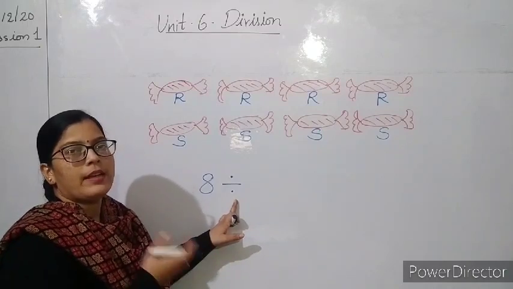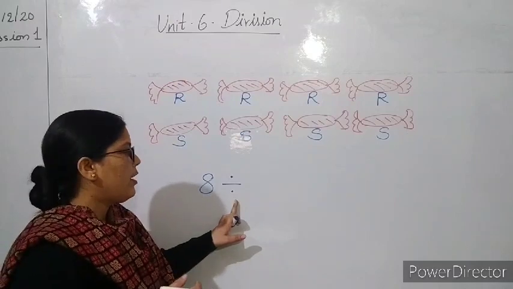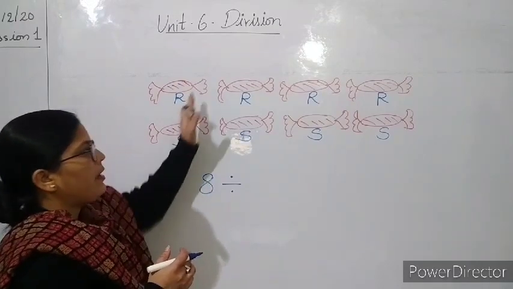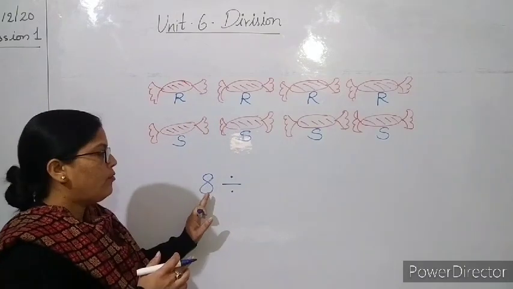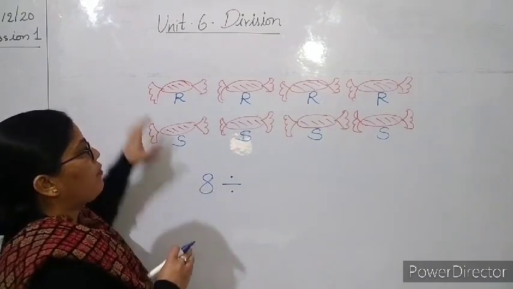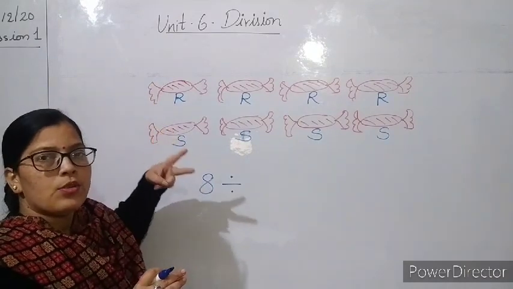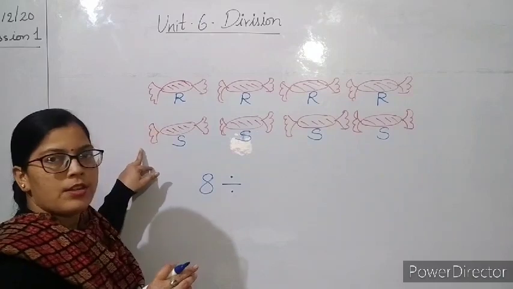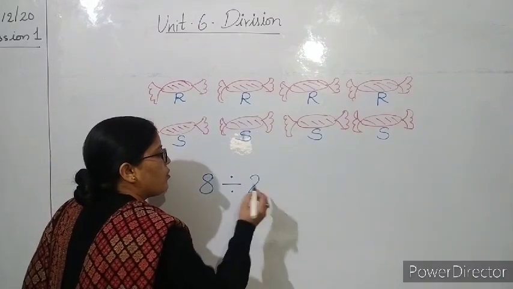This symbol, this sign is used to divide the numbers. Now there are 8 total number of toffees. We have divided these toffees between how many children? 2. Okay, between Ram and Shyam. So here we'll write 2.